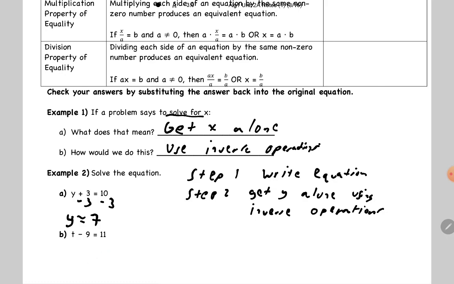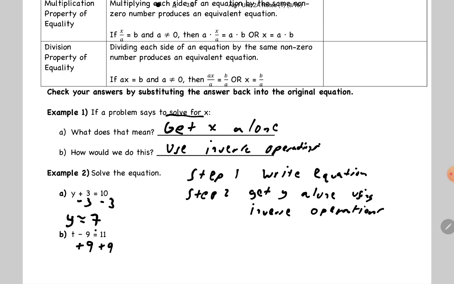But how do we show our work? Okay, so we write the equation, and then we do the inverse operation. So t minus 9, we're going to add 9 to both sides. So make sure you show your work here. I want to see the minus, right here I want to see the plus 9 to both sides.